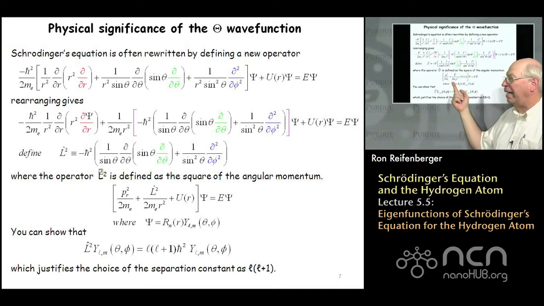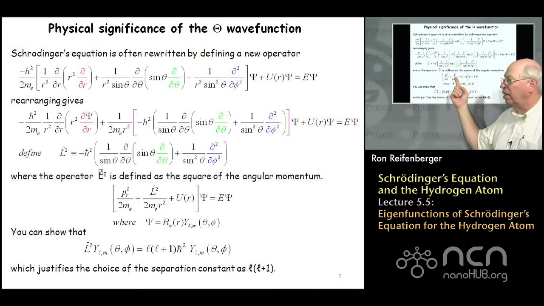And what you find is that Schrödinger's equation can be written in a really transparent form now. The first term is related to the momentum of the electron in the r direction. The second term, with this definition for the operator L squared, is now an angular momentum energy.